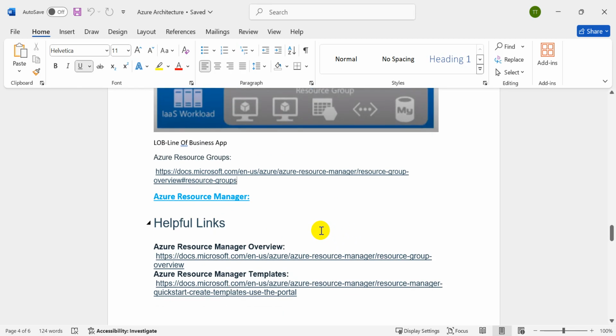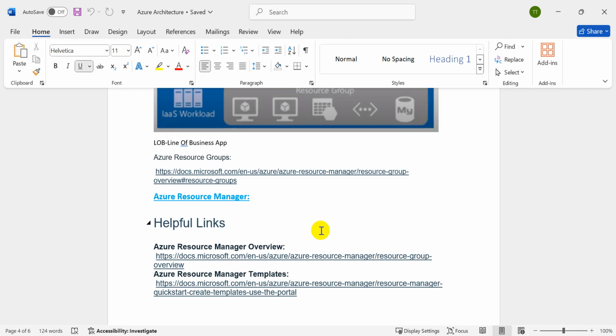Azure Resource Manager, called ARM, is a Microsoft Azure service that allows users to manage, deploy, and monitor Azure resources. Using ARM, you should be able to manage, deploy and monitor whatever you have in Azure.